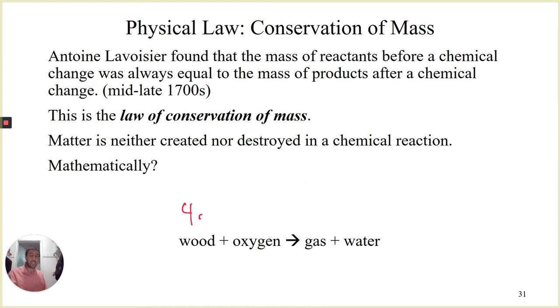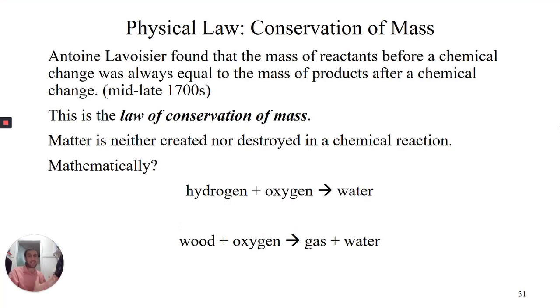So if I said 4 grams of wood, 1 gram of oxygen, and I want to know how much water was produced, well, I also have to tell you that you had 3 grams of gas. Okay? So in these more complex equations, we end up having to supply so much information behind it that it kind of devalues that question, as far as an exam question goes.